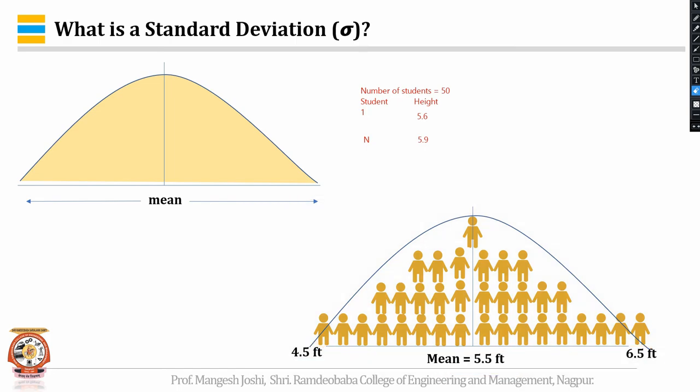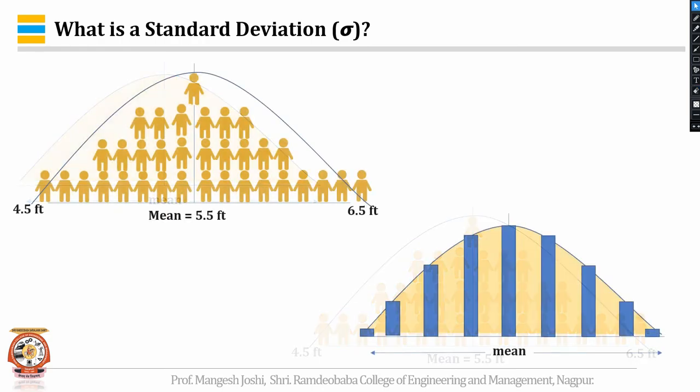Suppose you measure the frequencies of students having height 5.5 or 5.7 or 5.9 and so on. You will get such kinds of bars if you plot a bar chart or histogram.